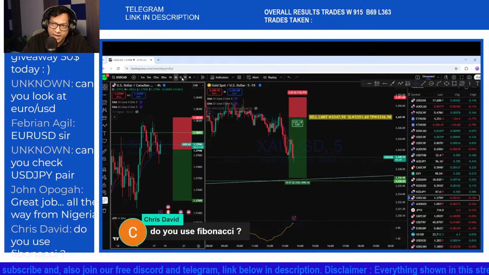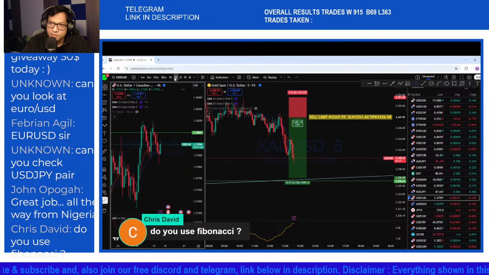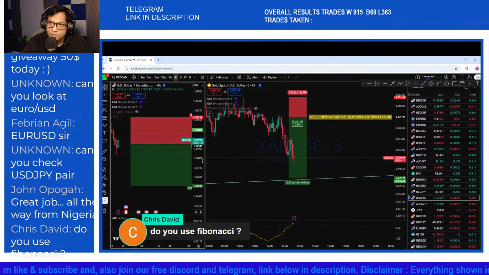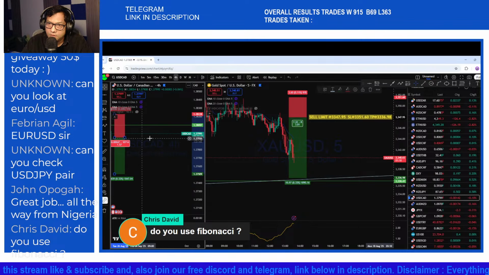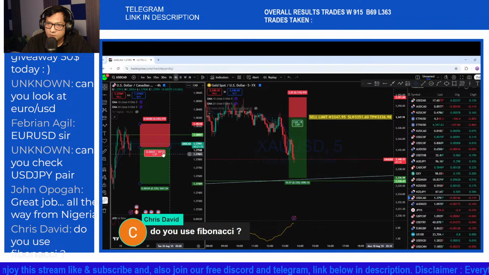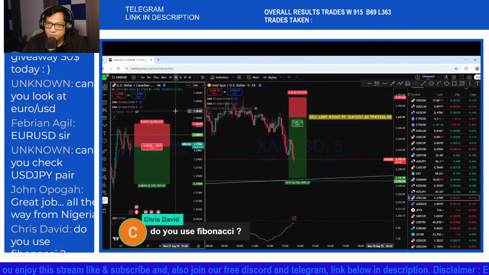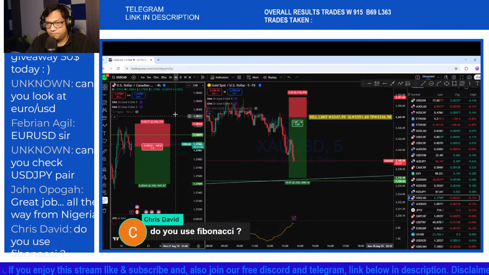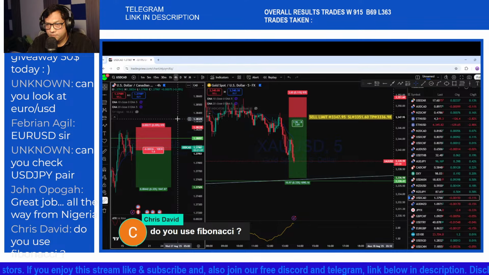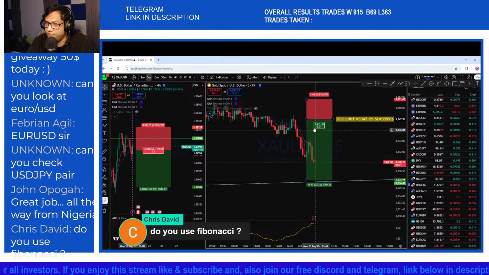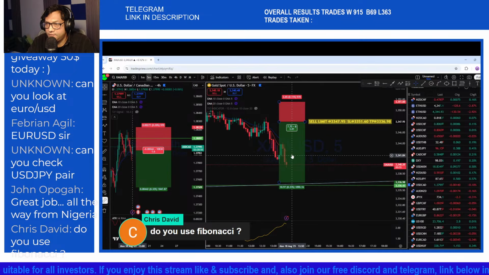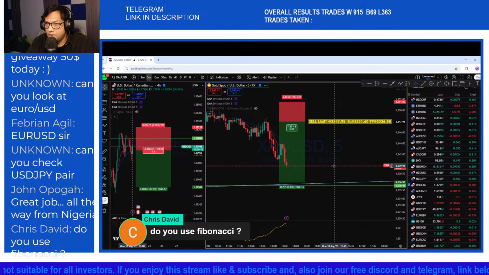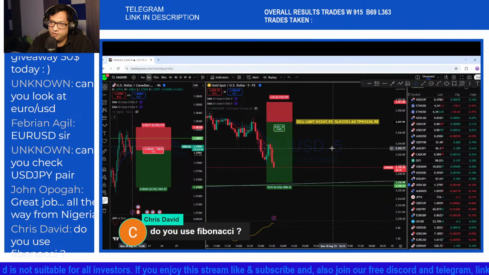Now it's trying to push back again. And here, as you can see from the intraday perspective, it's a big drop, waiting to see further downside here.